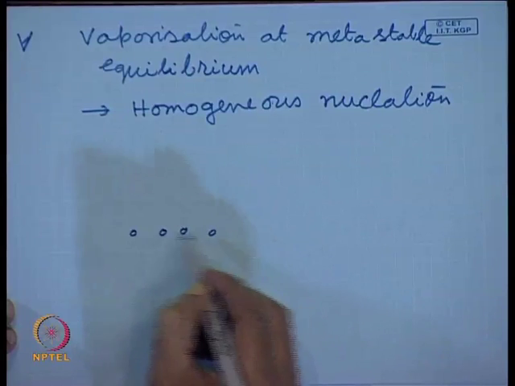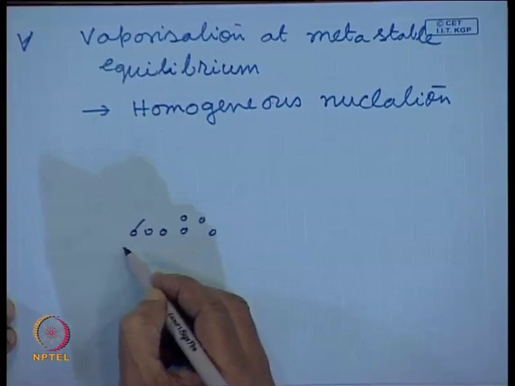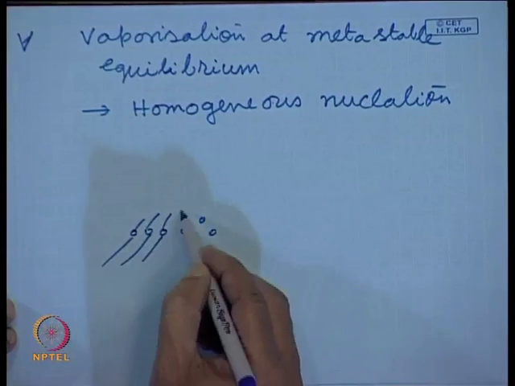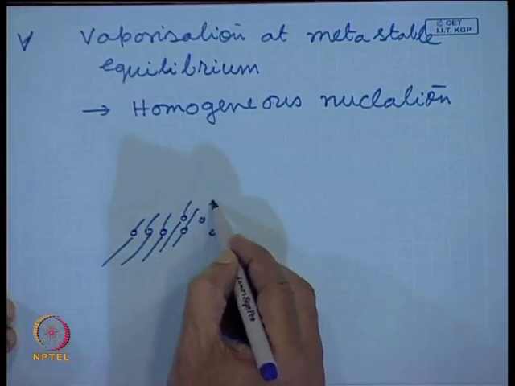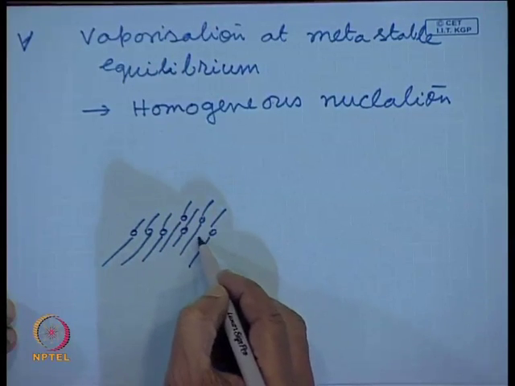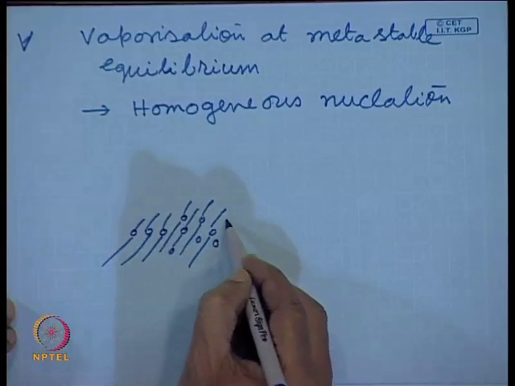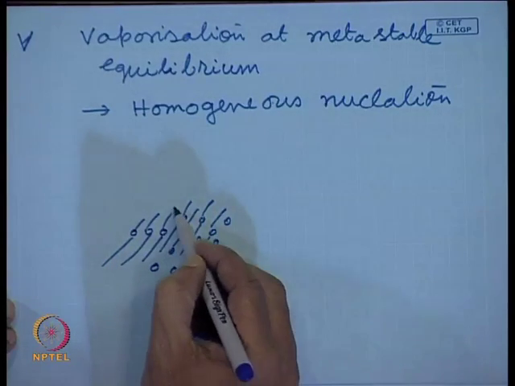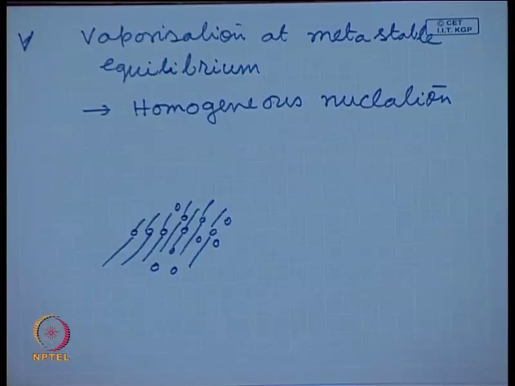In the case of homogeneous nucleation, we have a bulk of liquid, and in the bulk of the liquid a very large number of nuclei are formed. So, here one needs to form certain nuclei for the vaporization process to proceed. That is the difference between homogeneous nucleation and the previous evaporation process.